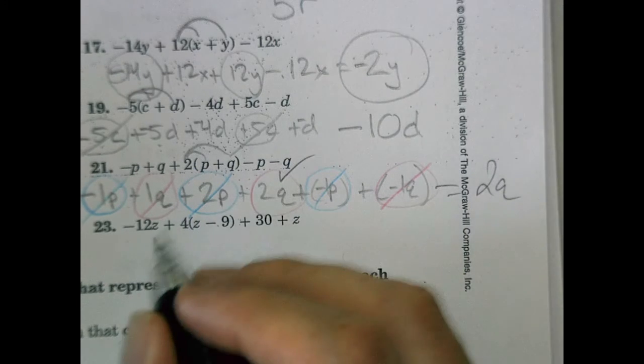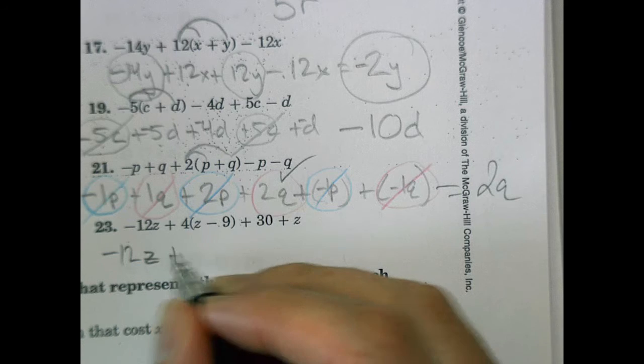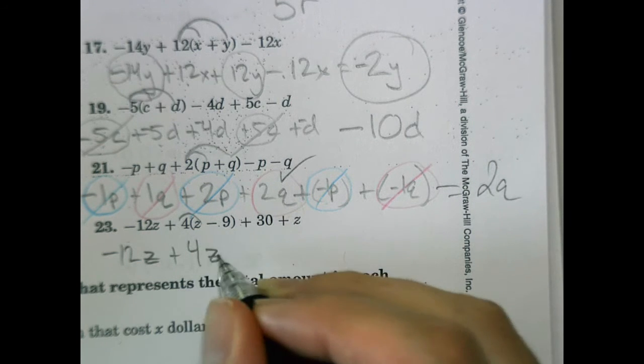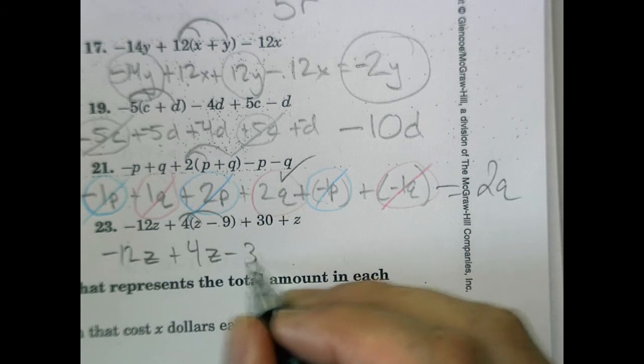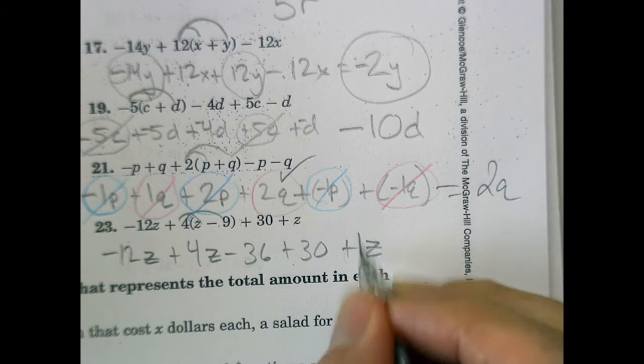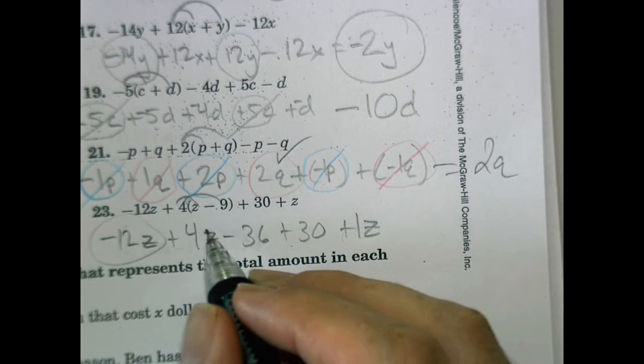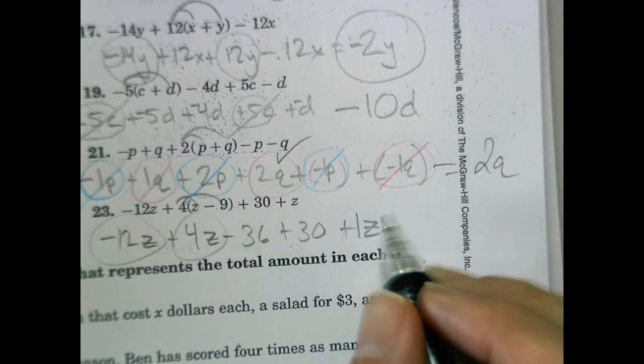All right, our last one for today, we have negative 12z plus 4 times z is 4z. 4 times negative 9 is negative 36 plus 30 plus z, and it's a 1z. So negative 12z, 4z, 1z.